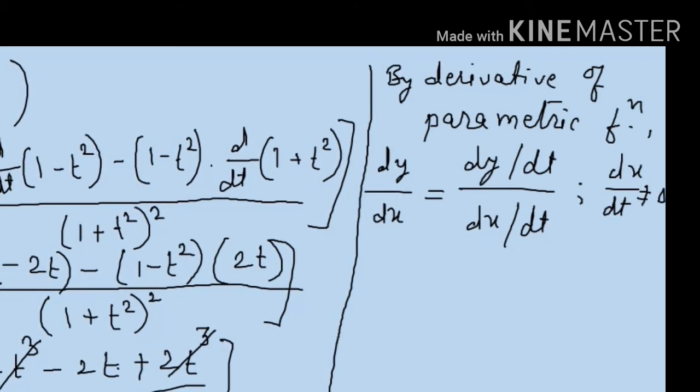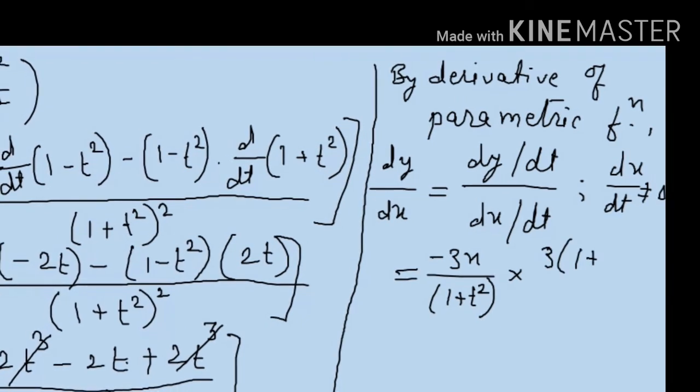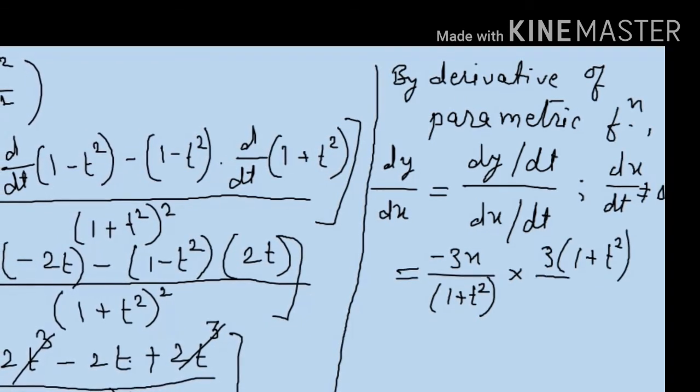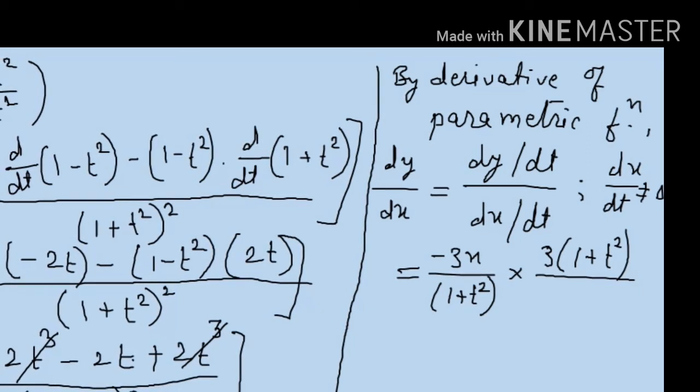So now substitute minus 3x upon 1 plus t square. Here from 2, minus 3x upon 1 plus t square into, we'll take the reciprocal of dx by dt, 3 into (1 plus t square) upon 4y.